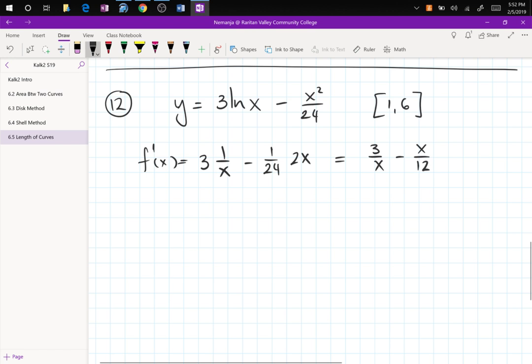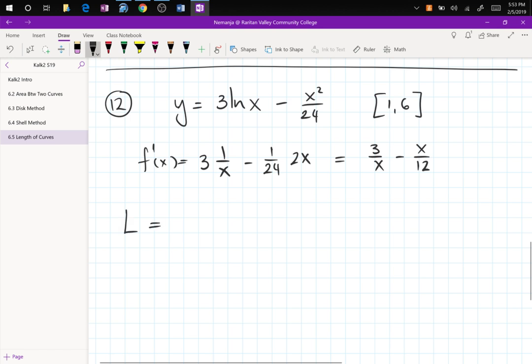So this is the derivative. The derivative is 3 over x minus x over 12. And this is what we are going to add inside the square root. We add this to 1, and we can go from there.